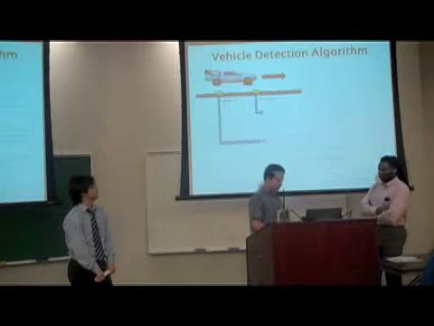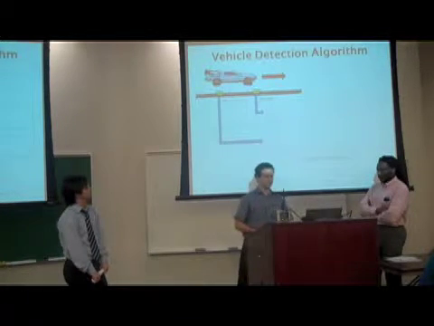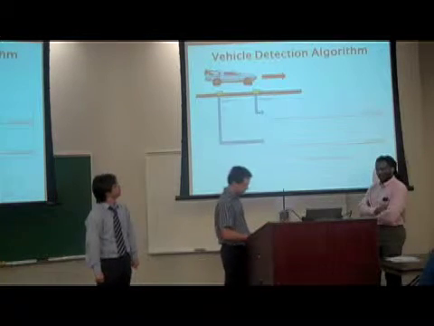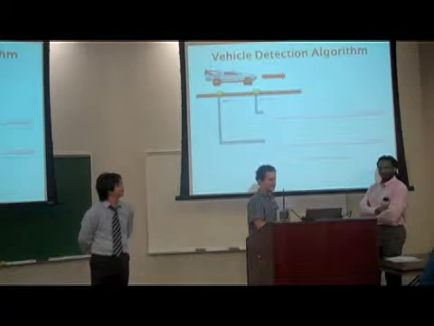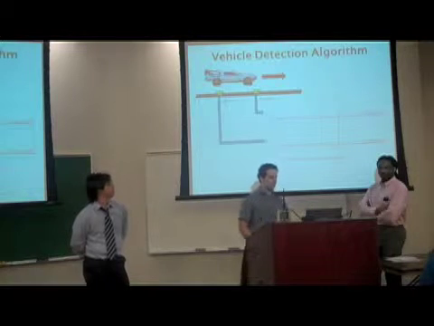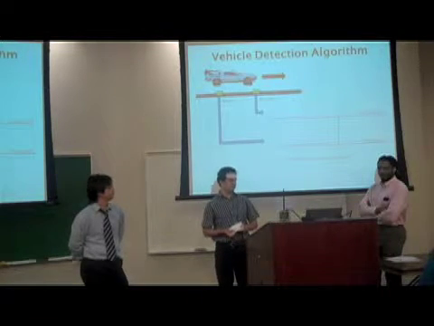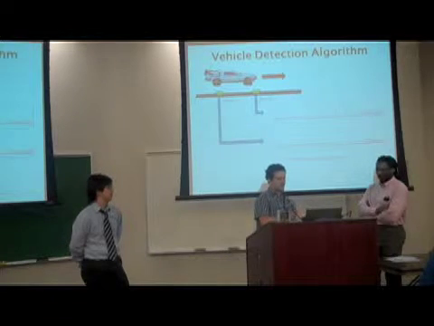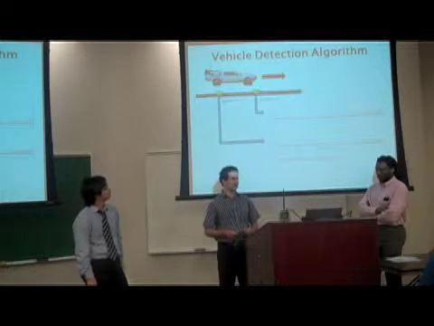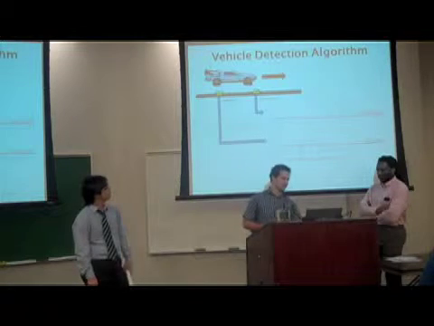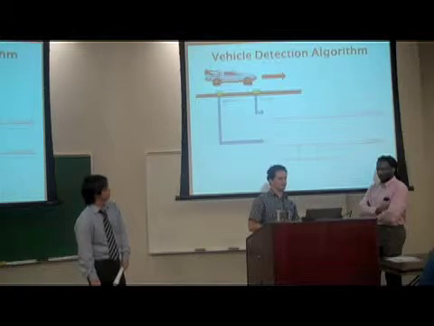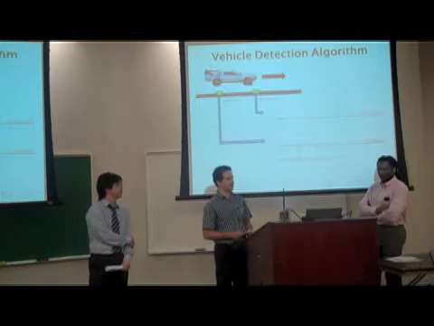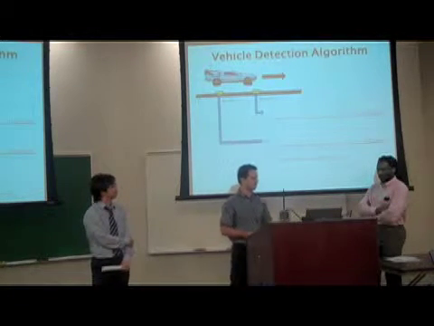The first thing that we do is we take the absolute value of that signal, and we have a set threshold, and when the value passes over that threshold, we can calculate the speed of the vehicle in miles per hour between those 2 points. Then we're also able to estimate the size of the vehicle based on the time when it passes over the threshold and the time when it falls under that threshold, also taking into account the speed, because that also varies with the speed of the vehicle.